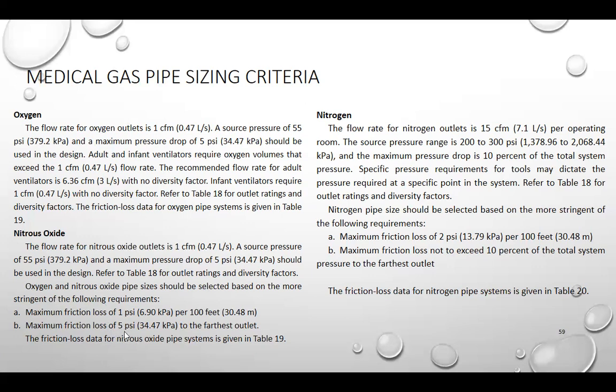So dito ka magbe-base sa 0.5 psi. 5 divided by 100, kung 100 feet yung maximum outlet mo, nakuha mo is 0.5. So i-design mo sa 0.5. Okay? Pero pag dinivide mo bawat 20 feet, 10 feet lang, so lumabas sa'yo is 5 psi pero 100 feet. So, ang gagamitin mo is yung A, 1 psi. Okay?